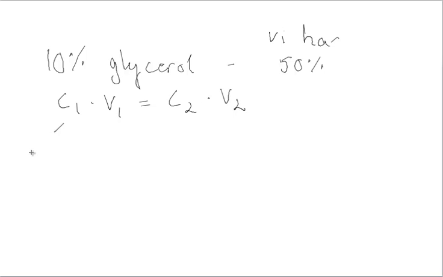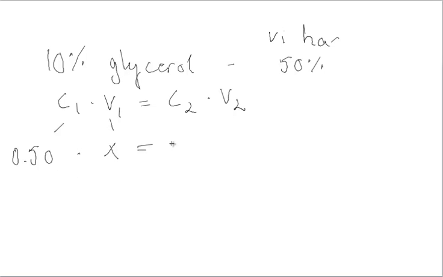C1 is 50%, which can also be written as 0.50. And V1 is X. We don't know how much to take from the stock solution.